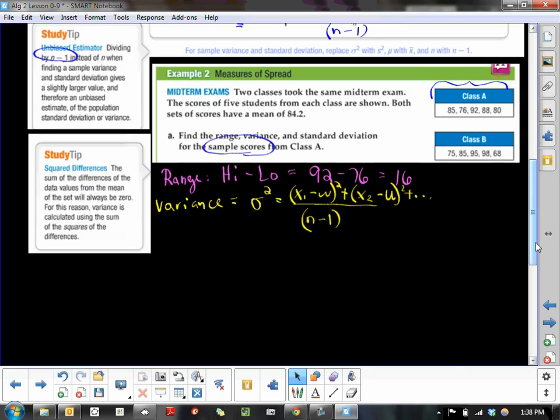I'm going to slide over here and we're going to run our variance. Sigma squared equals. We want to take our first value in our data set, which is 85. This is our first score. We want to subtract our average, which is 84.2, squared.